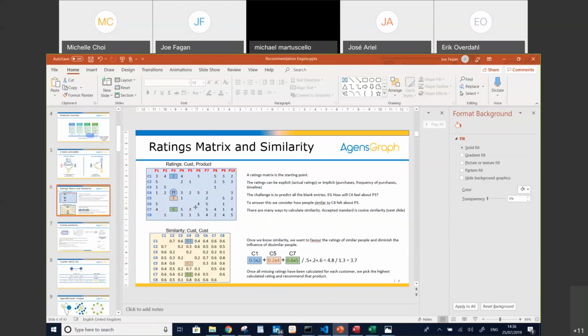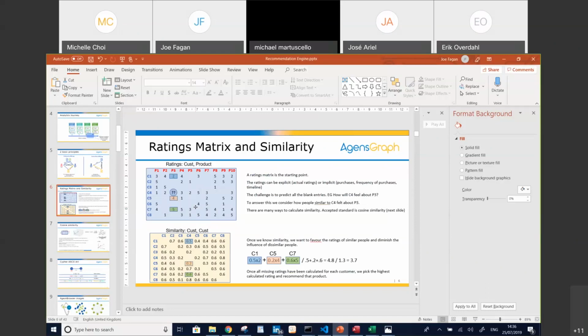And storing sparse matrices in graphs is completely natural. I don't have to specify this is a matrix. I don't have to specify its dimensions. I don't have to tell it how to handle blank empty space. There's absolutely no data redundancy. I'm not storing anything twice.